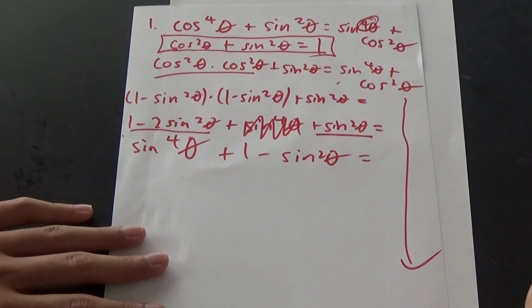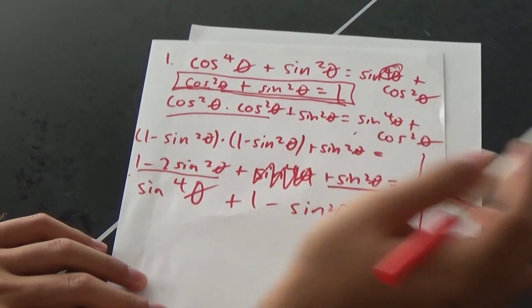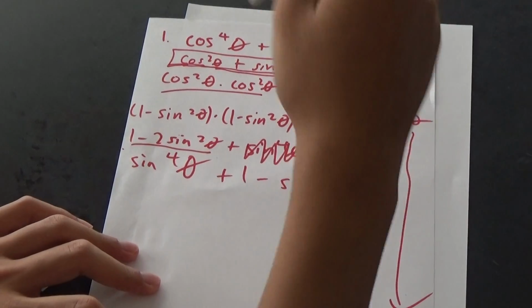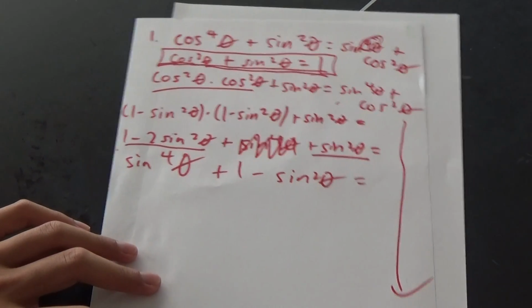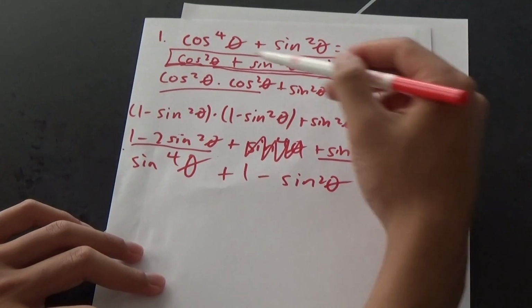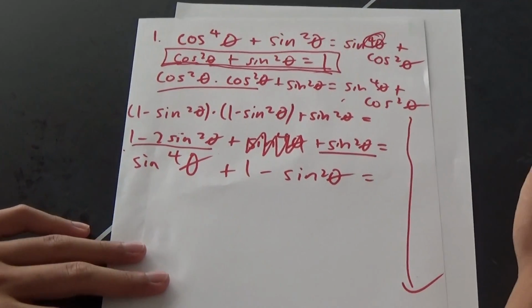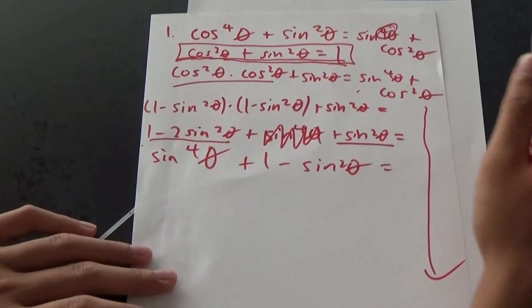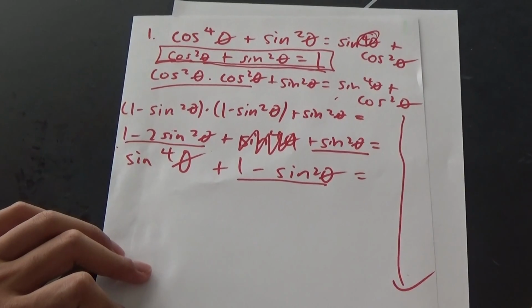And guess what? You're going to use this identity one more time. See how important it is? This is the identity you must know by heart. And it would actually help if you knew how to rearrange it by heart, so you wouldn't have to do it every time. But off the top of my head, I know this is cosine squared, right?